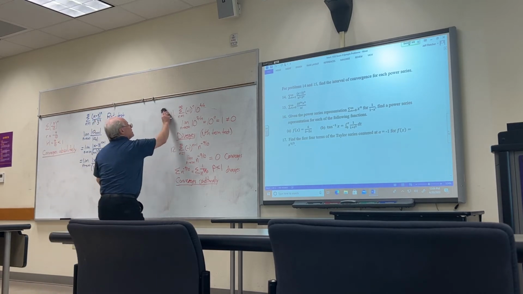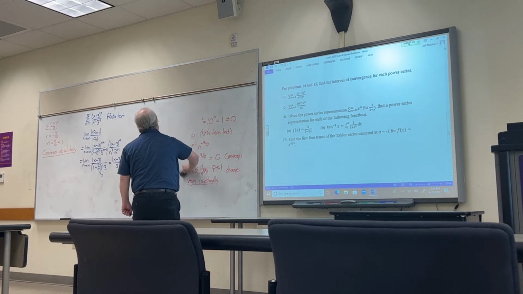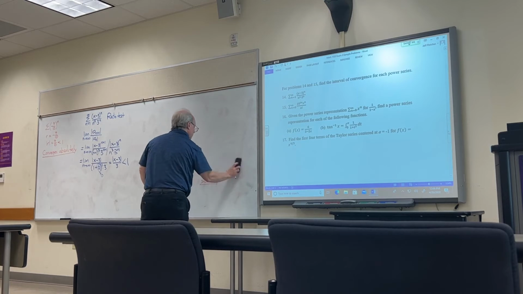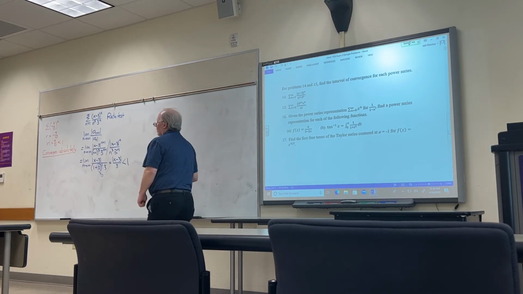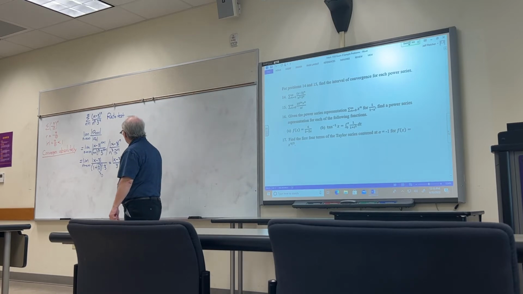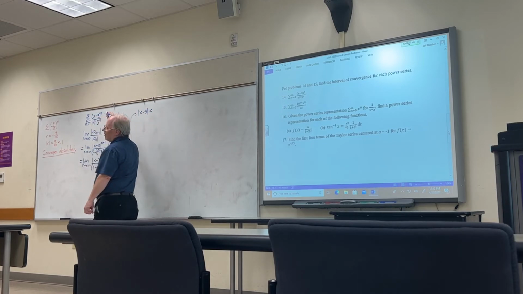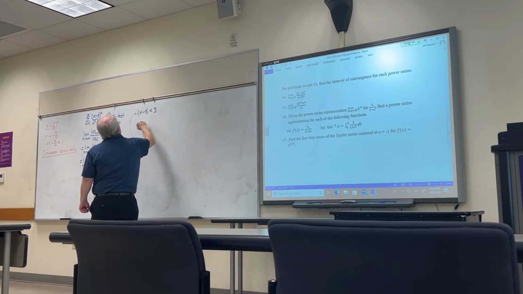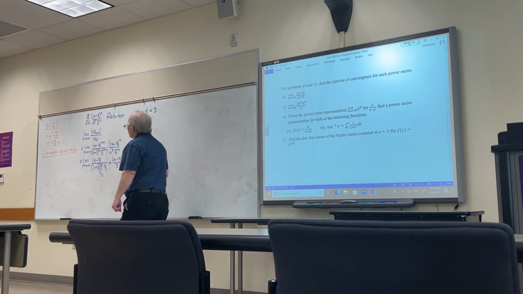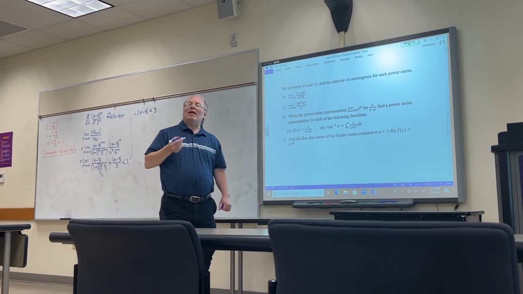All right, so how do we solve that inequality? Can you multiply by 3 or something? Yeah, we can start by multiplying both sides by 3. So absolute value of x minus 3 is less than 3. Now, how do we rewrite the inequality so that it doesn't have the absolute value?